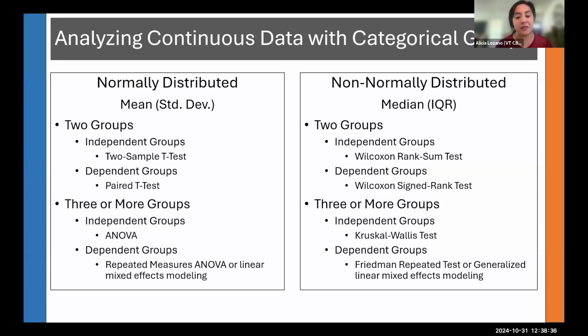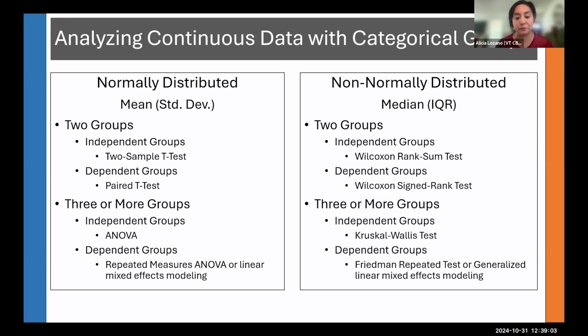If you're specifically interested in comparing your means between two independent groups, so when our groups are not related, the appropriate test to use here would be a two-sample t-test. An example of this is comparing average blood pressure levels between two independent groups, for example males and females, which are entirely independent, and you're comparing a continuous variable that you're assuming to be normally distributed.